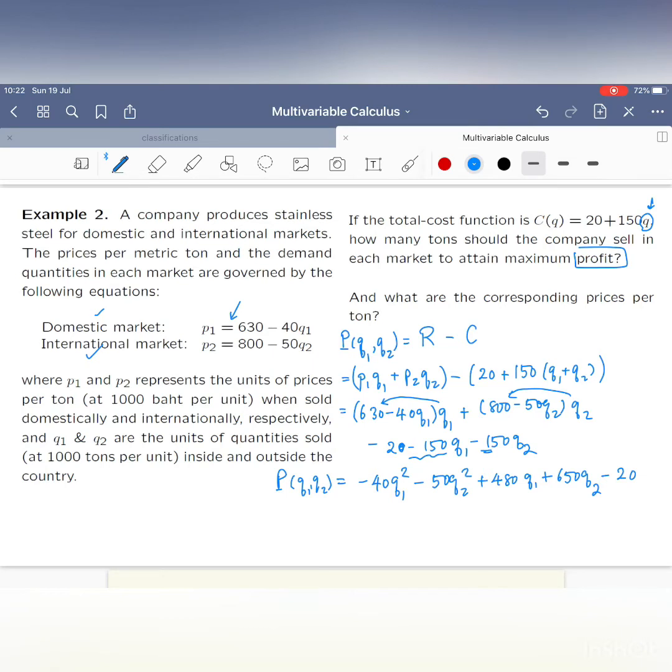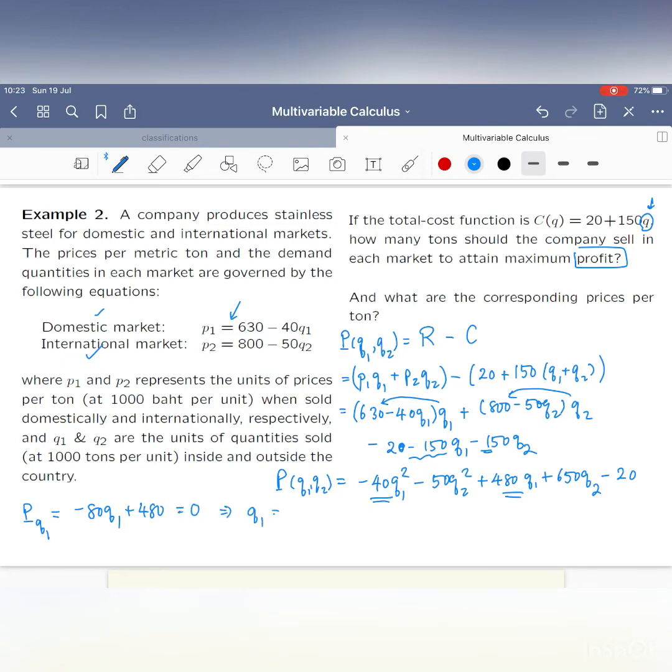If you want to find the maximum of your profit, you need to find your critical value. So it is the derivative with respect to the first variable Q1. You have negative 80 Q1 plus 480, make it equal to 0.